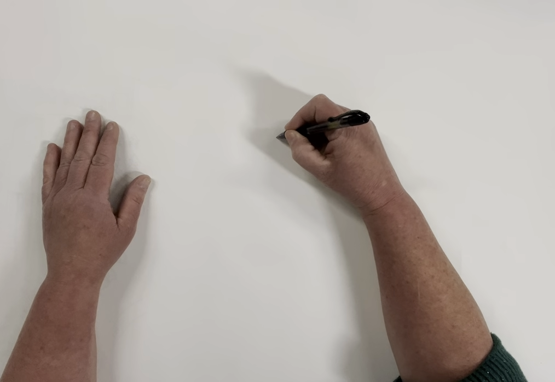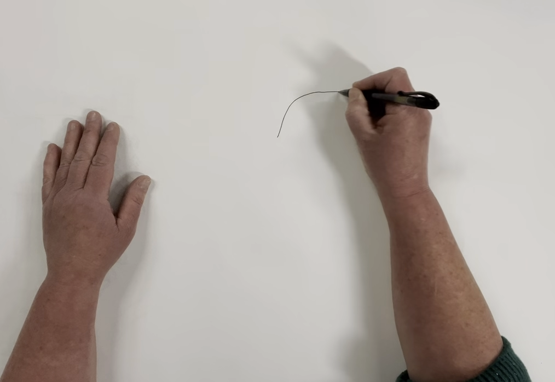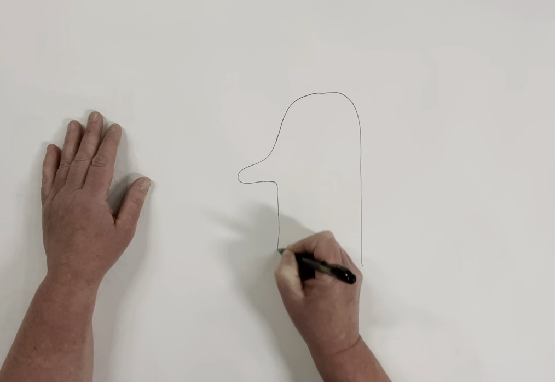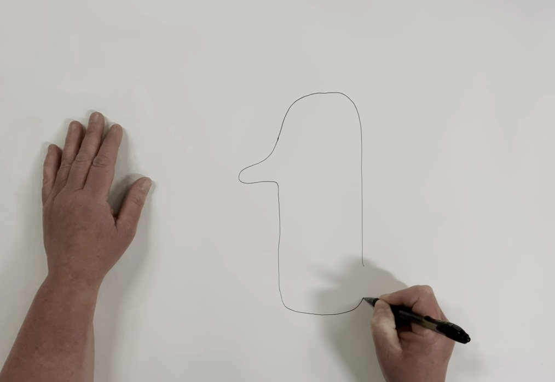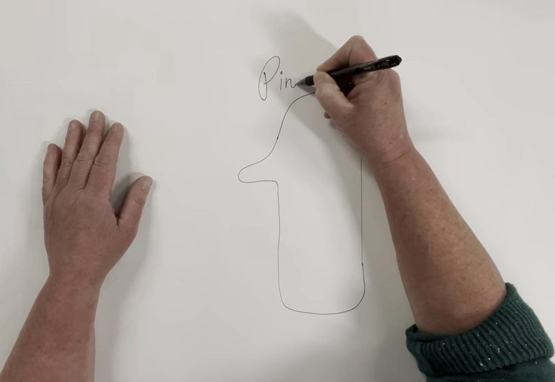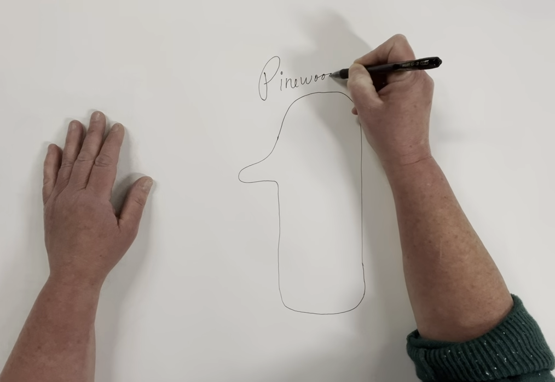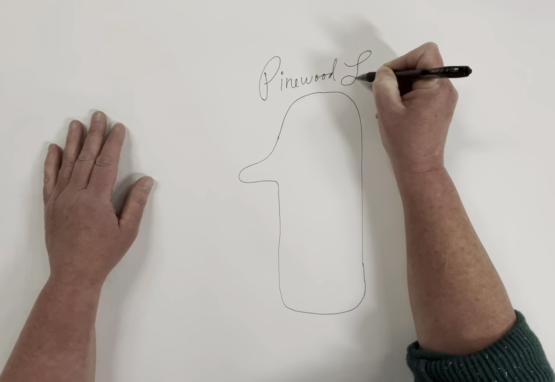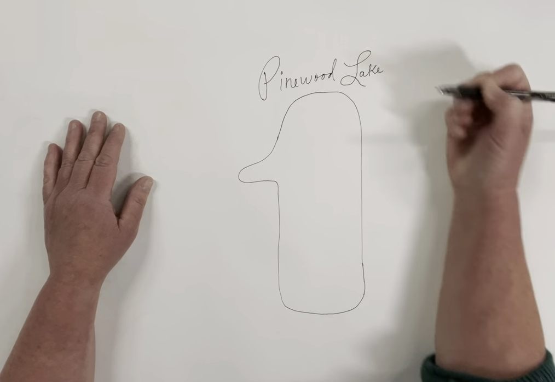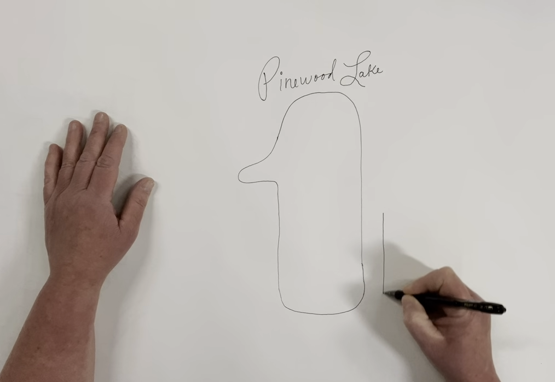So I grew up close by to this lake called Pinewood Lake. First of all, I'm going to draw the outline of it as I remember it, and it might not be correct. And then I'm going to do hand lettered, I love doing an L like that, like Laverne and Shirley. This Pinewood Lake. I'm going to set up my legend over here.